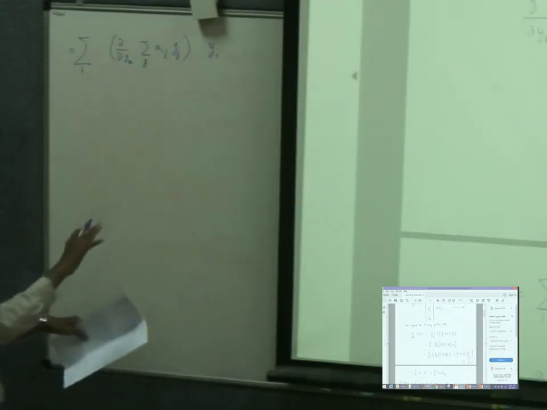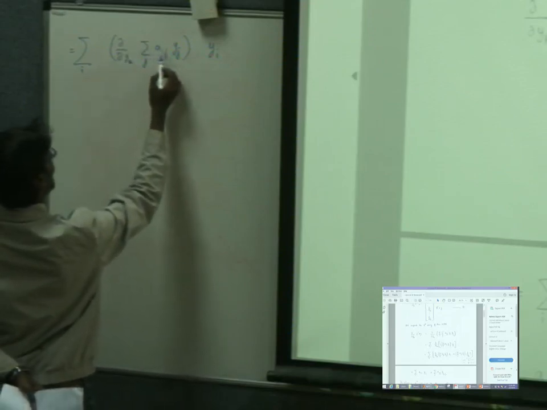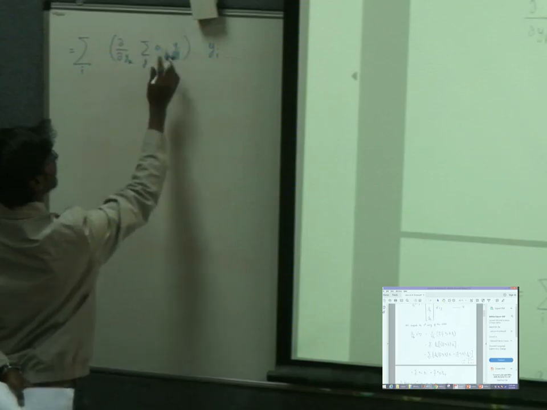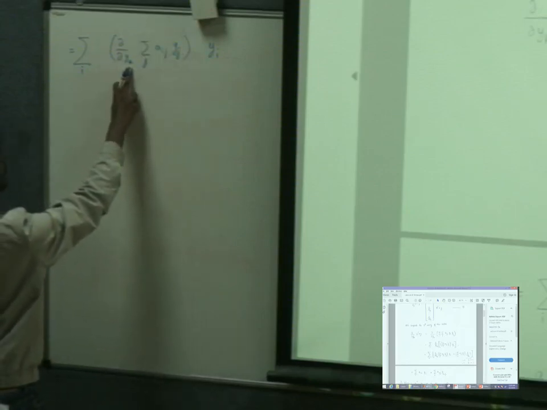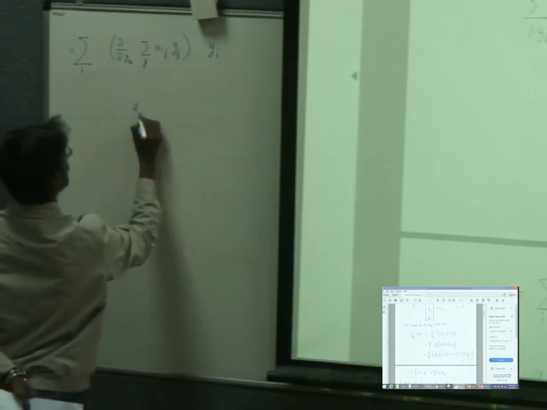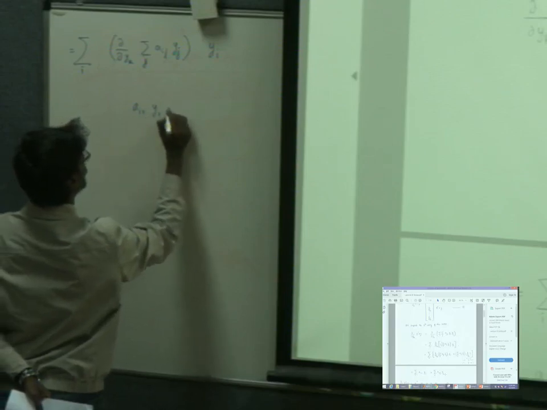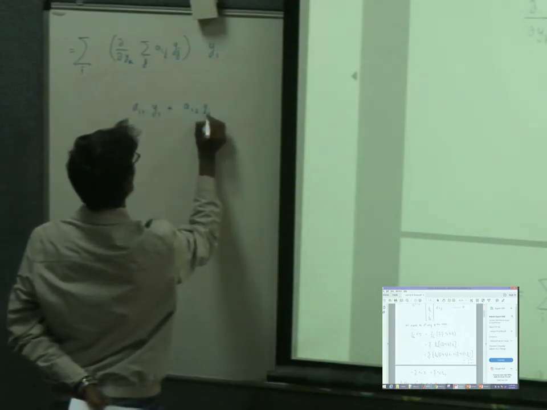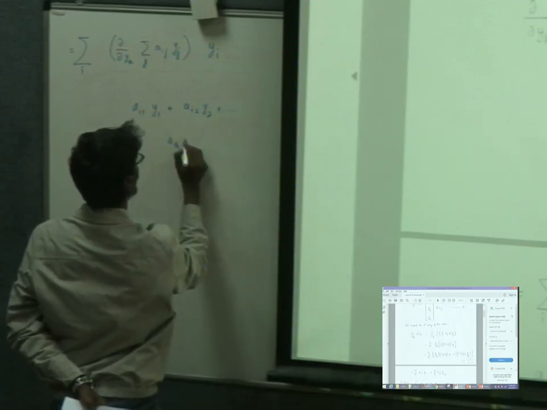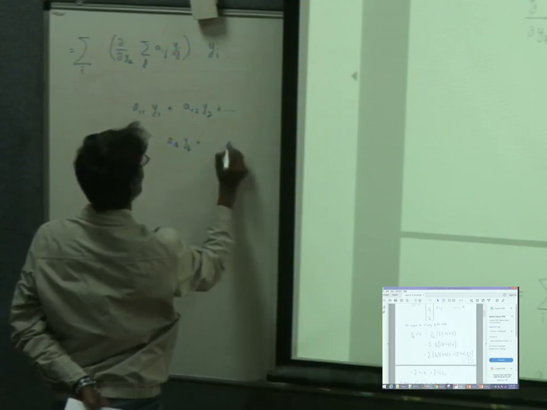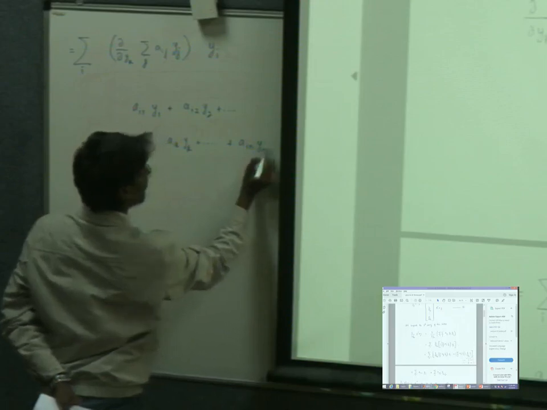First, let's take only this term. Here you have a summation, and you take the derivative with respect to only y_k. So you will have a_i1 y_1 plus a_i2 y_2 plus something, and somewhere here you will have a_ik y_k, up to a_in y_n.